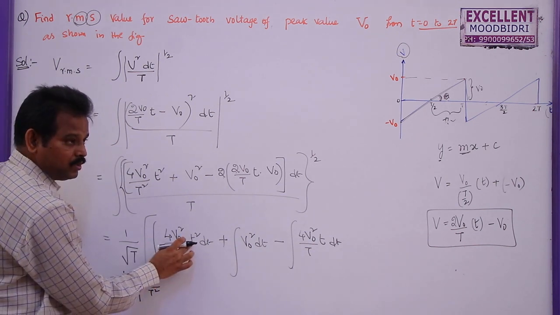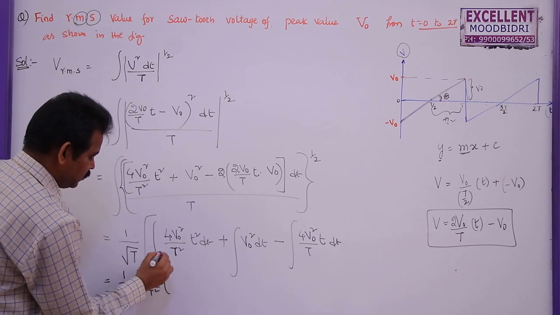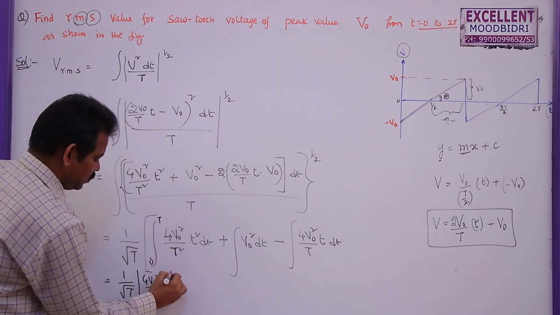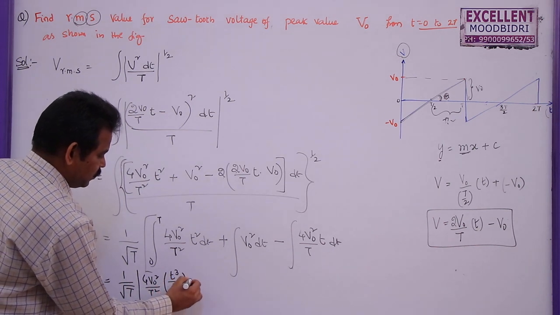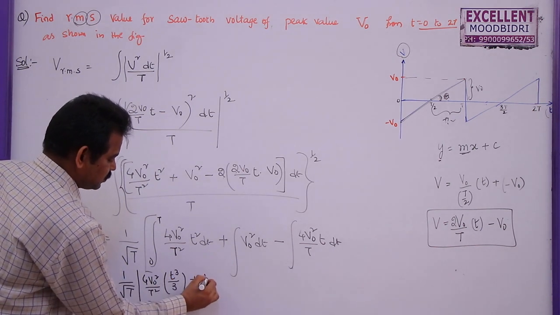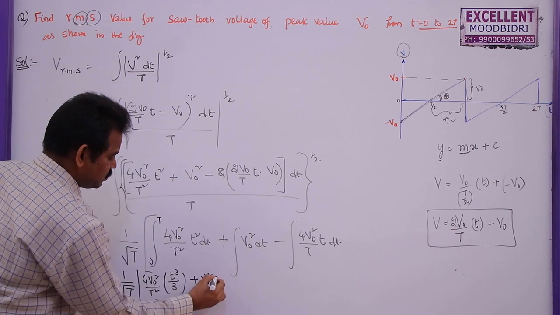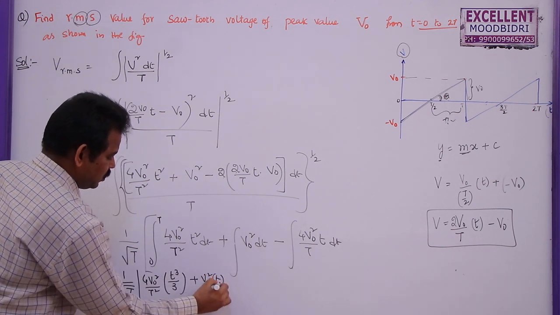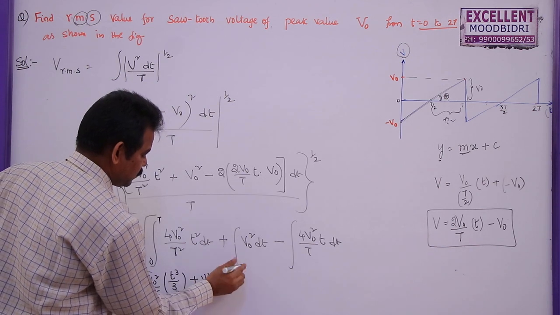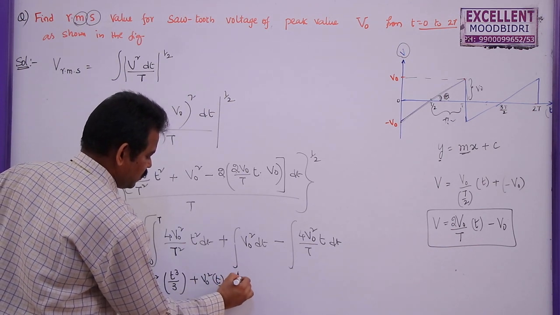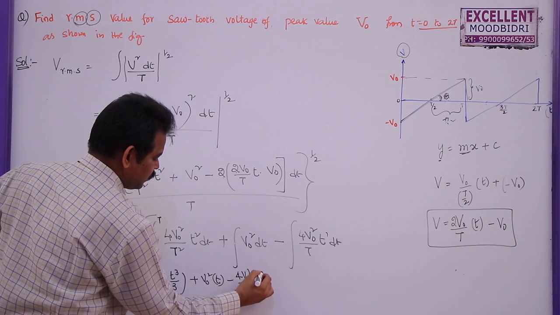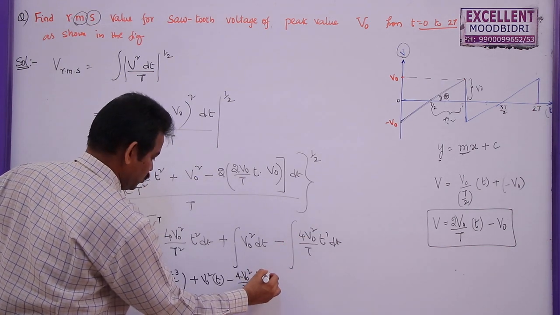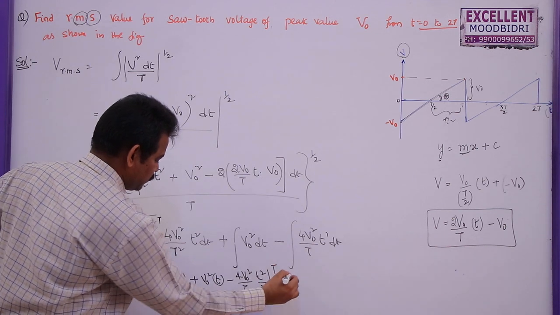The integral of t square will be t cube by 3 with limits 0 to T. So this is t cube by 3 plus V0 square, the integral of dt is t, so this is t here, minus 4 V0 square by T, t power 1 becomes t square by 2 with limits 0 to T.